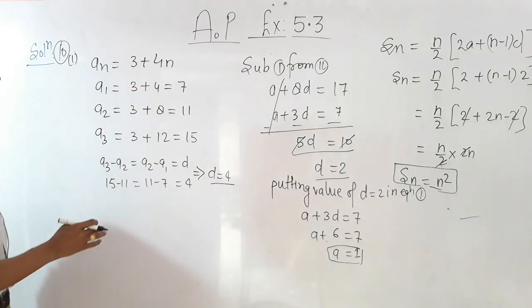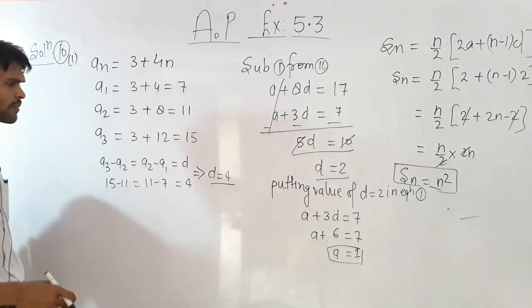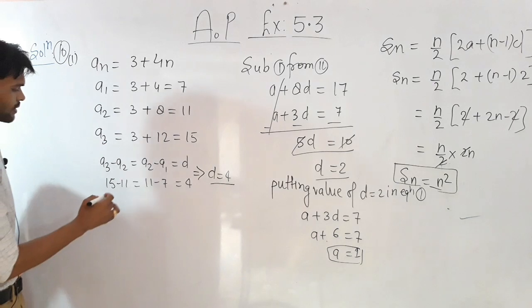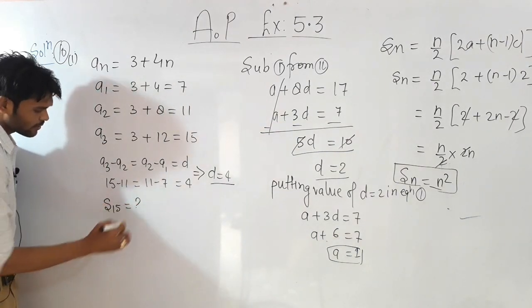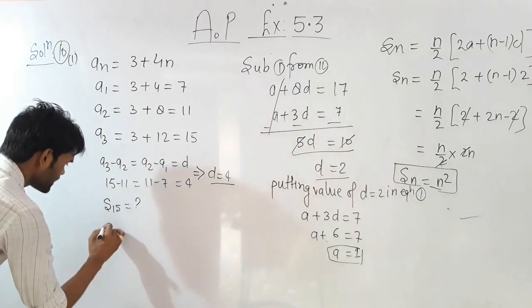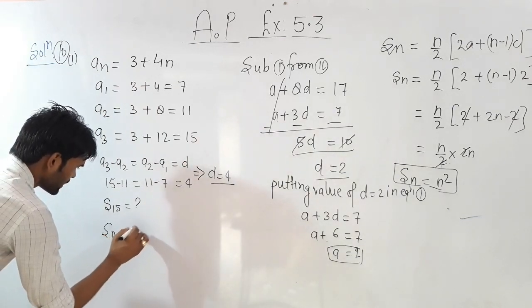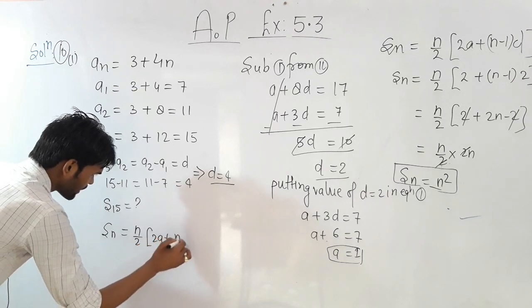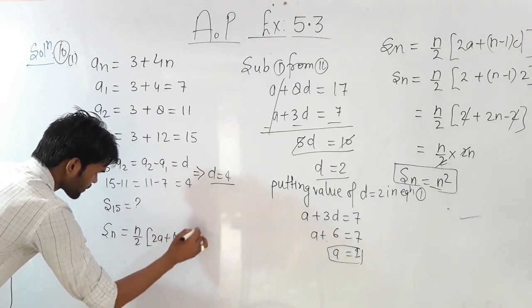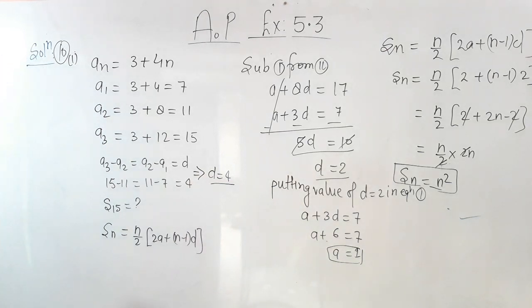Okay, so we need to find the sum of 15 terms. So we have to find S15. Using the formula Sn is equal to n by 2 into 2a plus n minus 1 into d, we have to find a also.